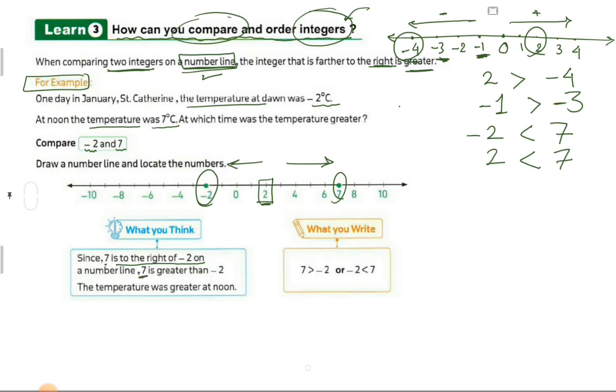So 7 is greater than negative 2. You can write it this way or this way. So 2 is less than 7 or 7 is greater than 2. You can say that 7 is greater than negative 2 or negative 2 is less than 7. It's all right.